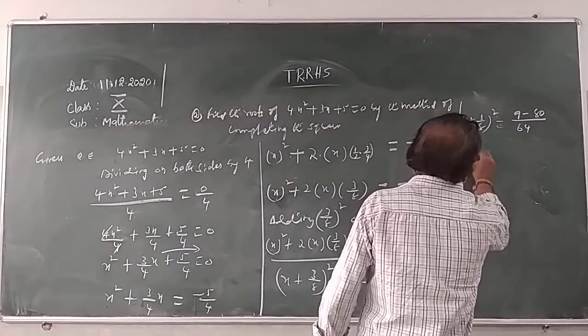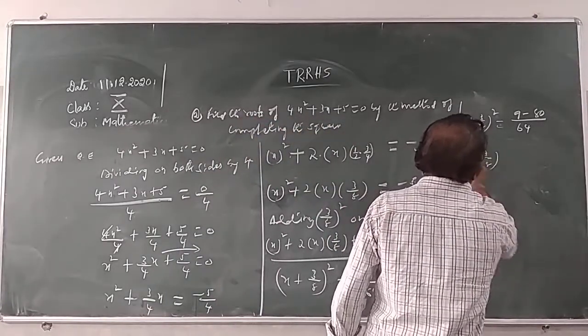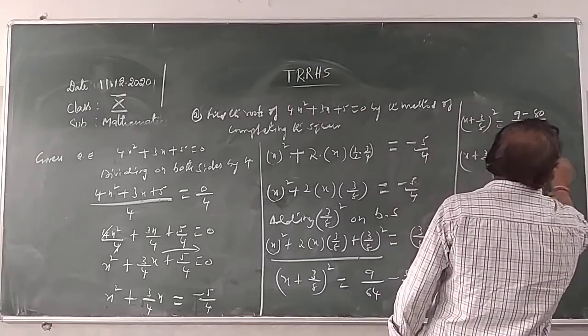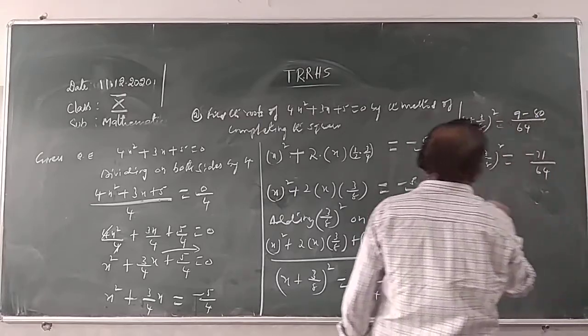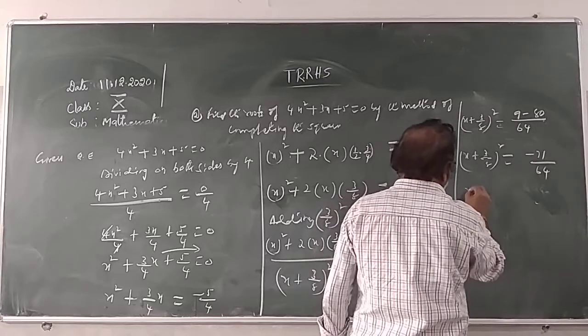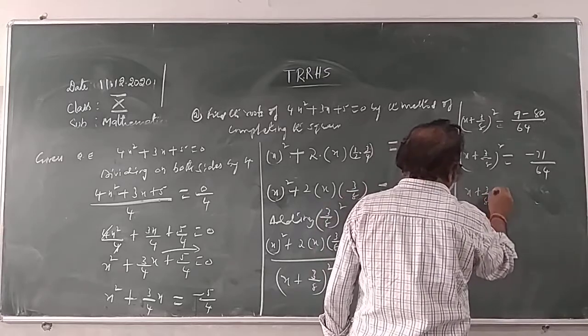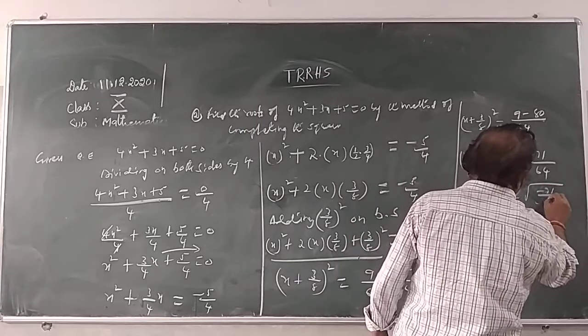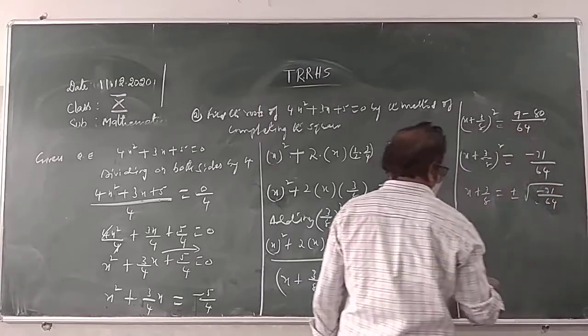So x plus 3 by 8 whole square is 9 minus 80, which is minus 71 by 64. So x plus 3 by 8 is equal to plus or minus root of minus 71 by 64.